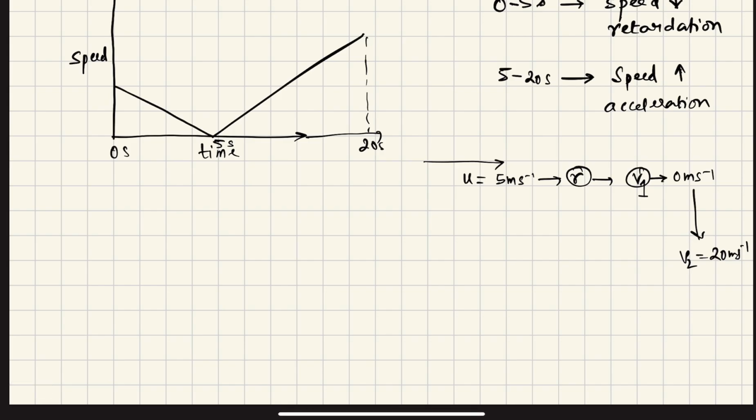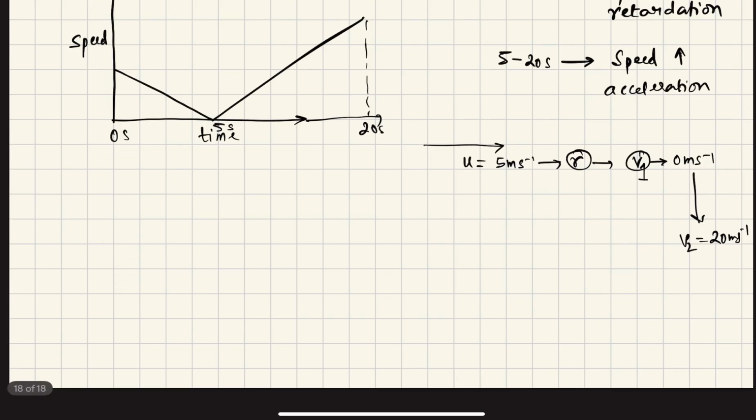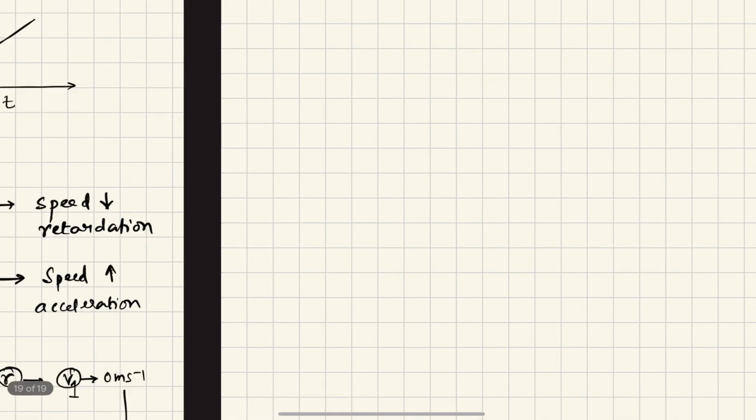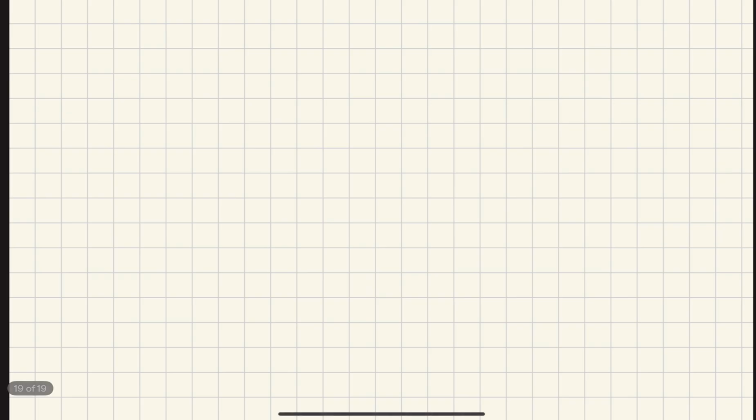Now let us go for the next question, or next graph rather. What about this? Velocity time.